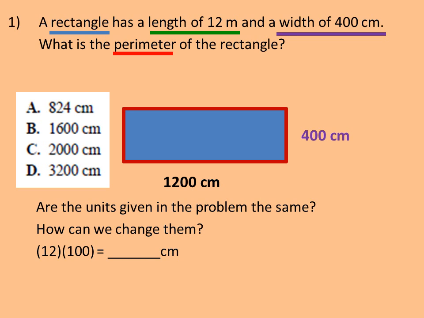You should have. Now, we want the perimeter. This is a rectangle. It has 4 sides. We want the distance around it. Now be careful, because what you're going to do is you need 4 different things to add together. Notice that I have 1200 plus 400 plus 1200 plus 400.